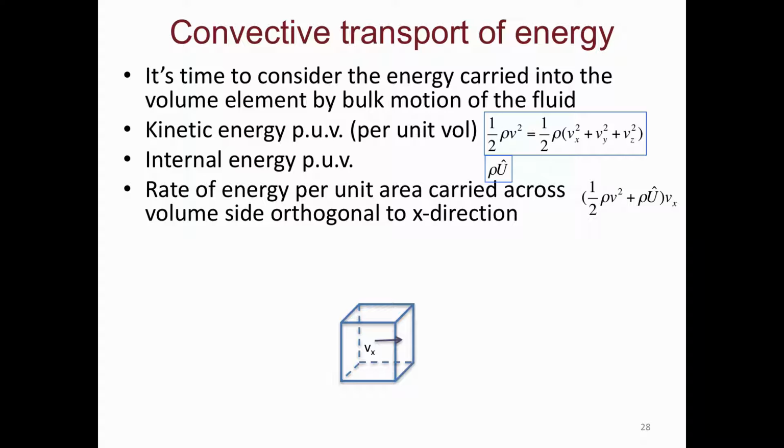Okay. So this is what's carried around, and this is the component of the velocity normal to the surface that I'm looking at. And that is, in this case, Vx. Otherwise, it's Vn, where Vn is a projection onto the normal of whatever surface I'm looking at. So the only thing that is carried into, and I keep repeating this from the beginning of the course, whatever you carry into is always just the component that is normal to the surface you're going across.